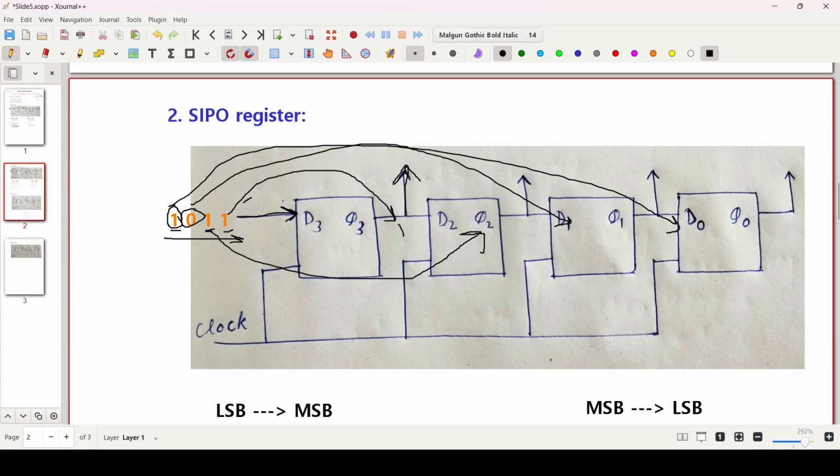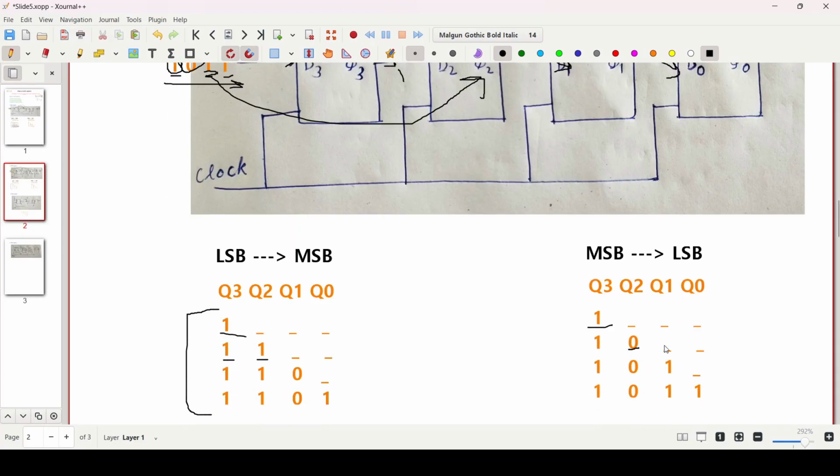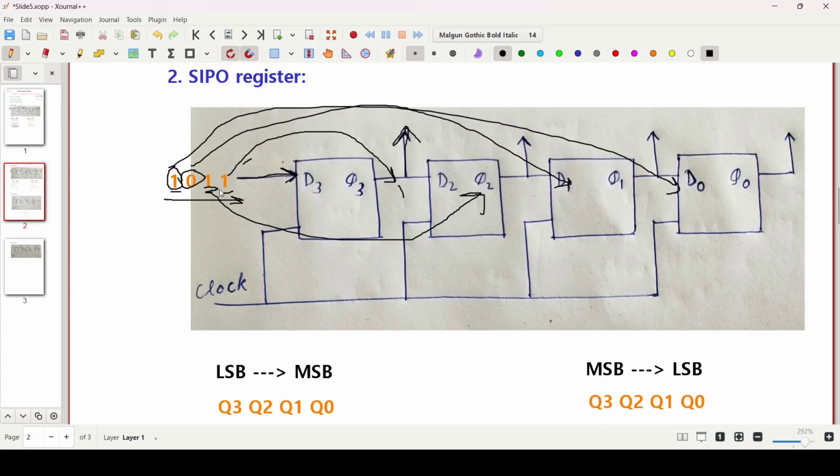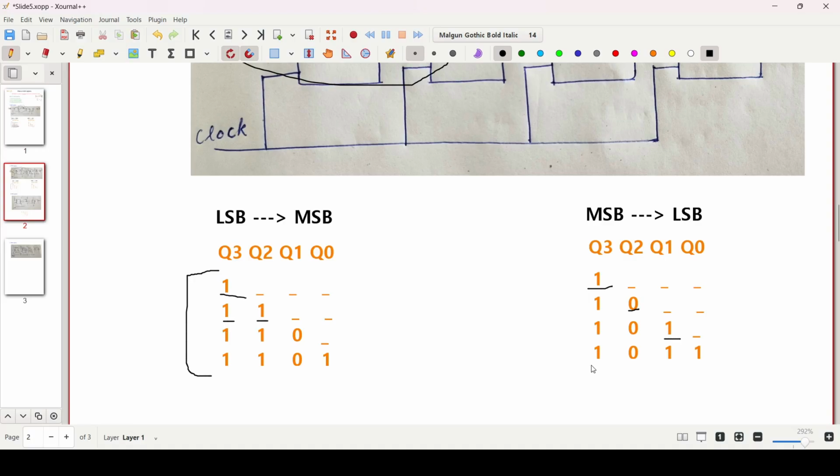Then we will input this one at Q1, 101, and lastly we will input this bit 1. So the final order will be 1011 in case of MSB to LSB, and 1101 in case of LSB to MSB. So here you can also see that the final order has been changed by changing the order of the input bits, right?